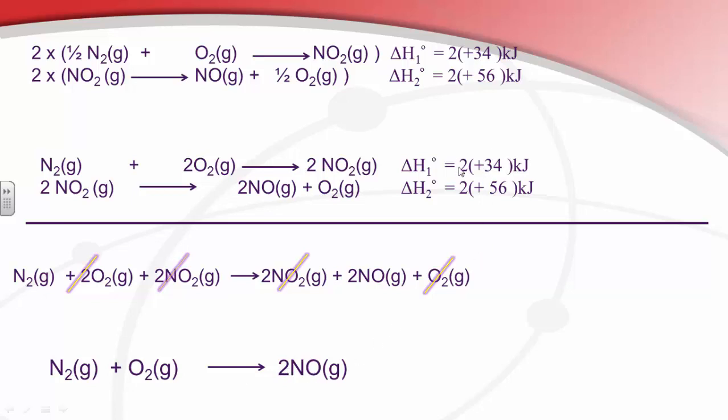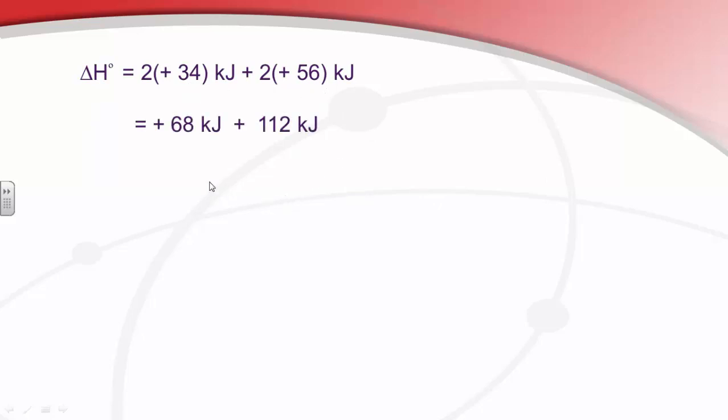And in fact, we can just add together this energetics here. So 2 times 34 plus 2 times 56 gives us 180 kilojoules. So our overall expression then is achieved, and we can find that with the production of 2 moles of nitrogen monoxide, we will have to put in 180 kilojoules of energy in order to achieve the reaction.